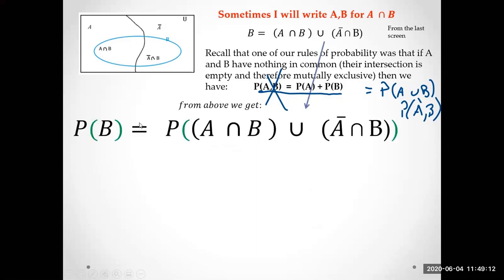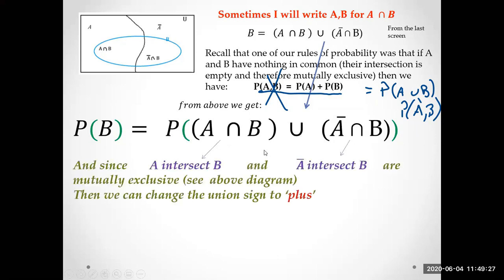Okay, this is okay so far. We didn't really do anything. We just said put a P here and put a P here. But now with this P, what can we do? These are disjoint. So A intersect B and A bar intersect B are mutually exclusive or disjoint. So we can change the union to the plus.